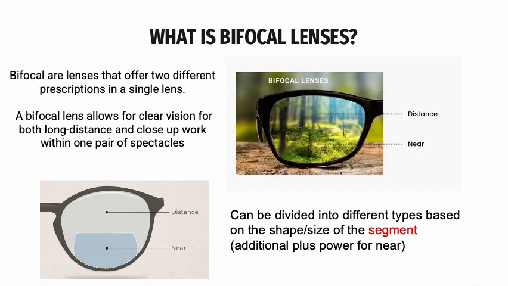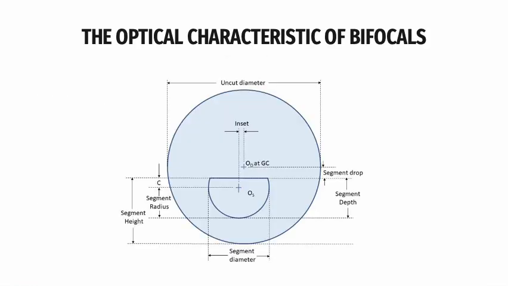The bifocal lenses can be divided into different types based on the shape or size of the segment, which provides the additional plus power for near. This is the uncut diagram of the bifocal lenses.